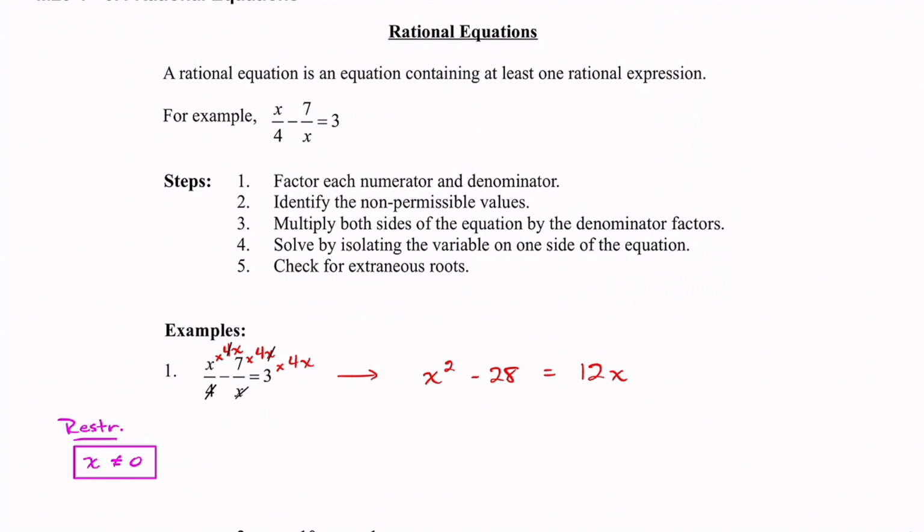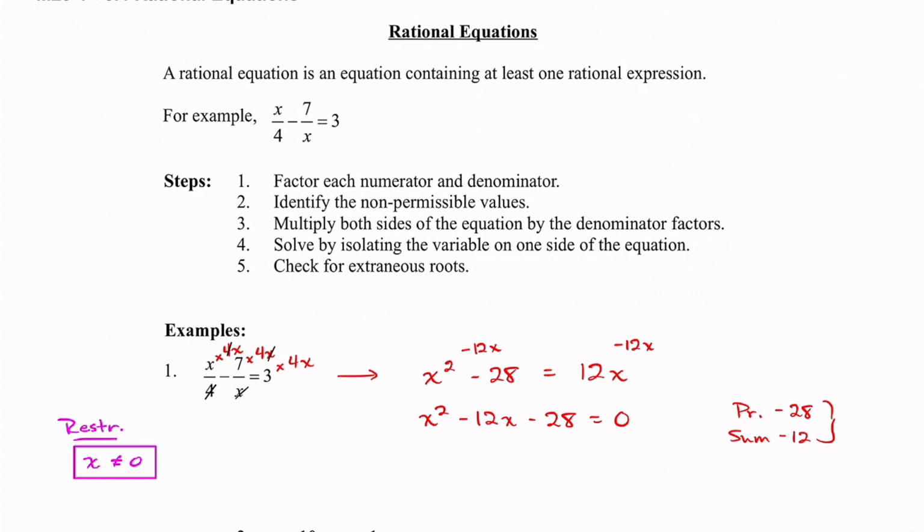Now I can just solve this how I normally would, so I'm going to subtract 12x from both sides to get that 12x gone on that side. So I got x squared minus 12x minus 28 equals 0. And then to factor that, we're going to do our product and our sum. So the product is negative 28, and then the sum is negative 12.